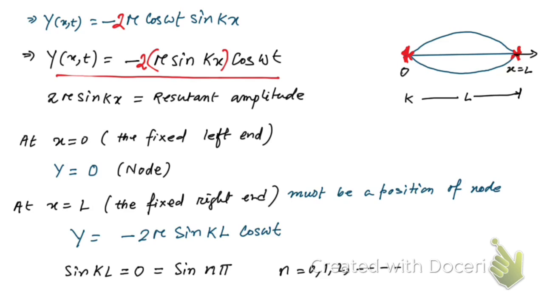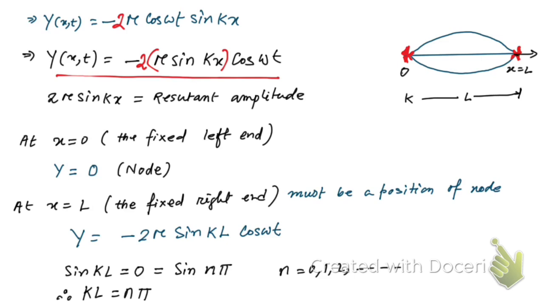Sine 0 is 0, sine pi is 0, sine 2 pi is also 0, and sine 3 pi is also 0. So remember, sine n pi is always equal to 0. Therefore KL is equal to n pi.